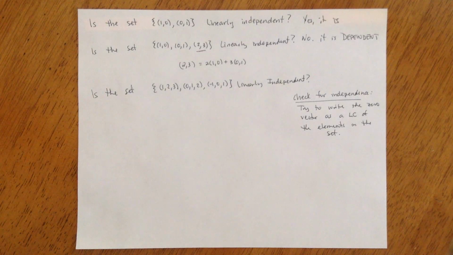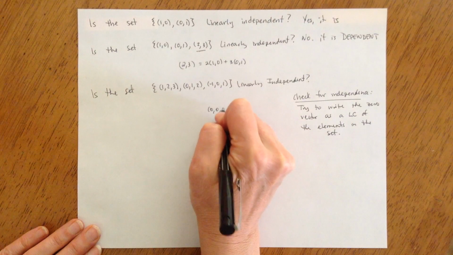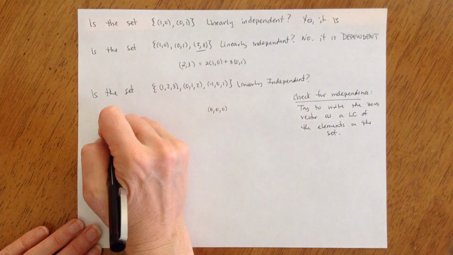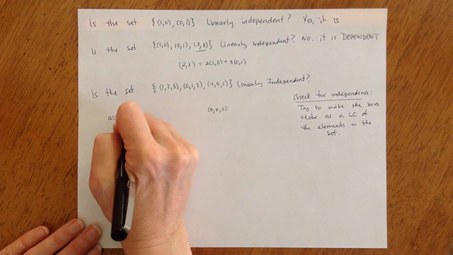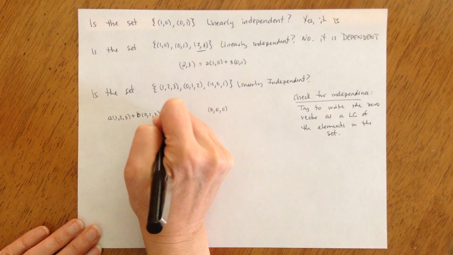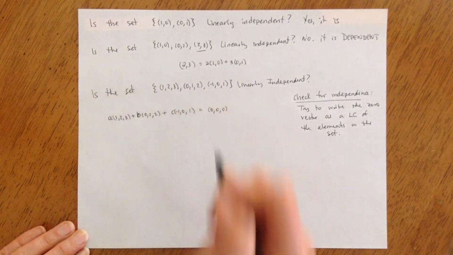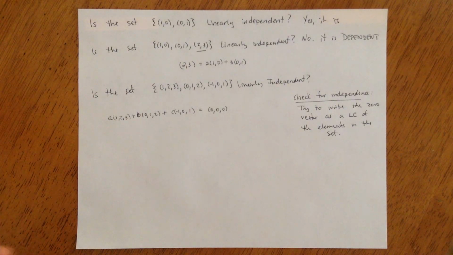If you can write the 0 vector as a linear combination of the elements in the set in a non-trivial way, that is to say, obviously I can write the 0 vector (0, 0, 0) as a linear combination of these three things, so something times the first vector plus something else times the second vector plus another thing times the third vector. Obviously I can do that by writing A equals 0, B equals 0, C equals 0. I have 0 times the first vector, 0 times the second vector, 0 times the third vector. I'd be adding the 0 vector 3 times and I get the 0 vector.